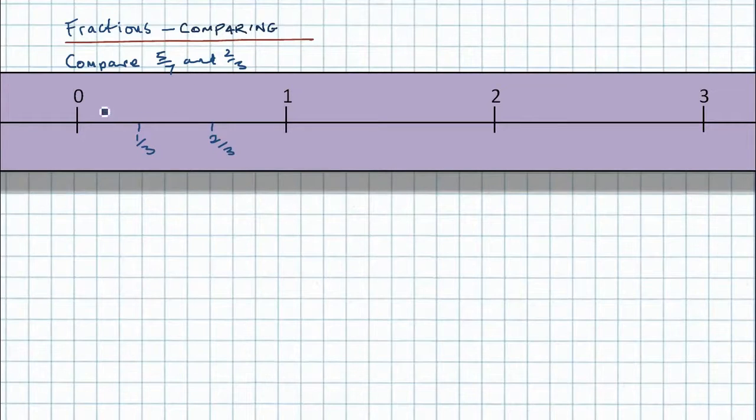Well, 5/7 is a bit trickier. I'm going to have to guess 1/7 is about, let's say, about there. And then if I divide this into 6, well, I can then halve it, and then we'll go about here and about here, there and there.